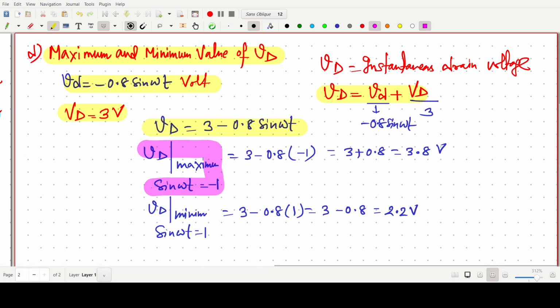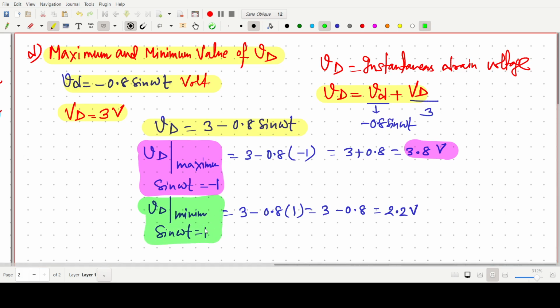For the maximum value we take sine omega t as minus 1, and for the minimum value we take sine omega t as 1, so we get 2.2 volt. Okay, so this is the D portion. Now the next one is a little bit tricky but interesting.